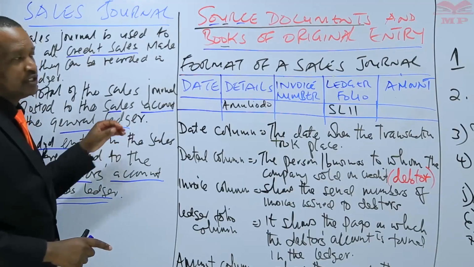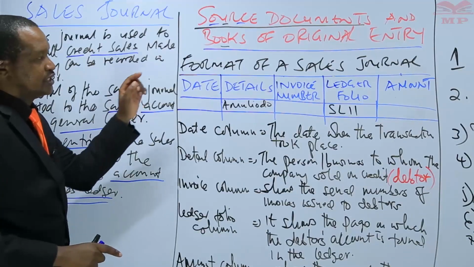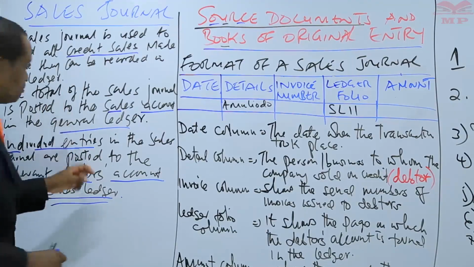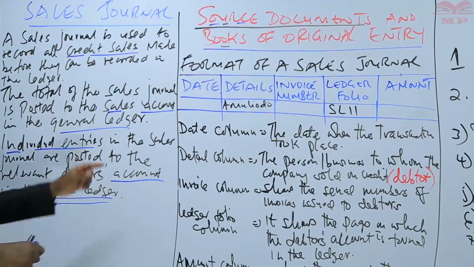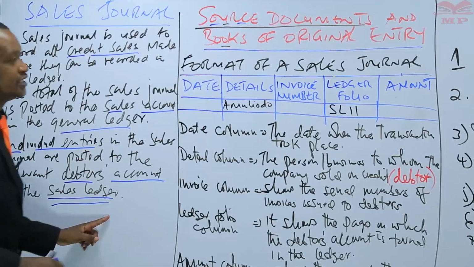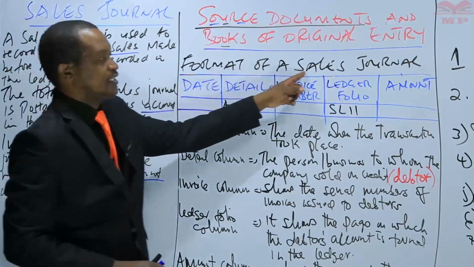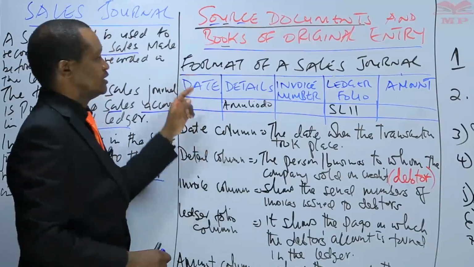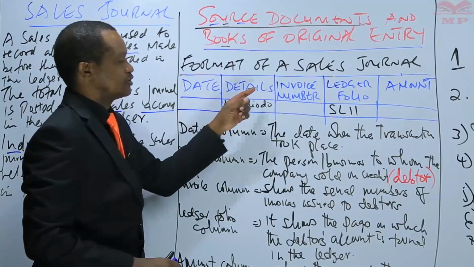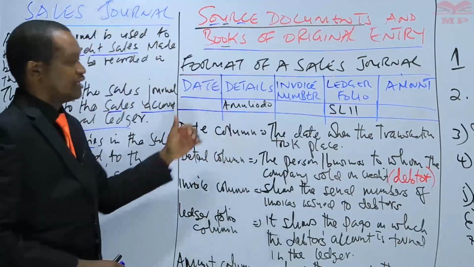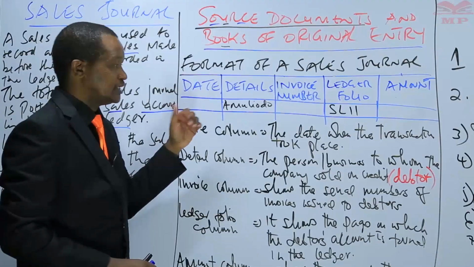We've also seen how the individual entries in the sales journal are posted to the relevant debtors' accounts in the sales ledger. I've gone ahead and given the format of a sales journal. I've said there are 5 columns: the date column, the details column, the invoice number column, the ledger folio column, and the amount column. I've explained what is recorded in these columns.